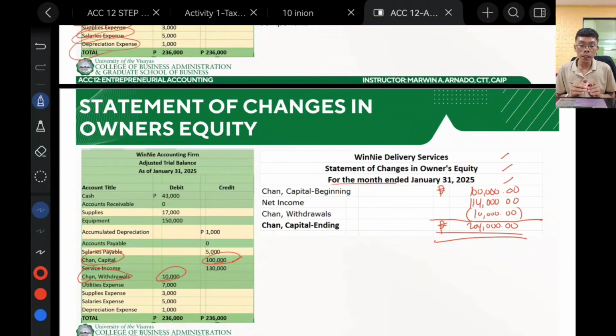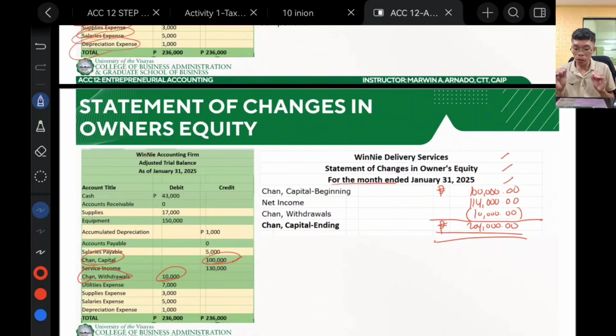And this Chan Capital ending, class, will be used in the equity part of your balance sheet later on. And that's it. It is just your statement of changes in owner's equity. But it's very easy. It's no-brainer at all.